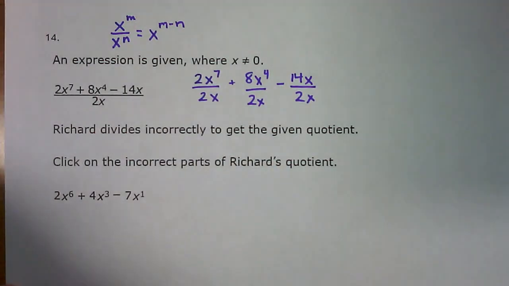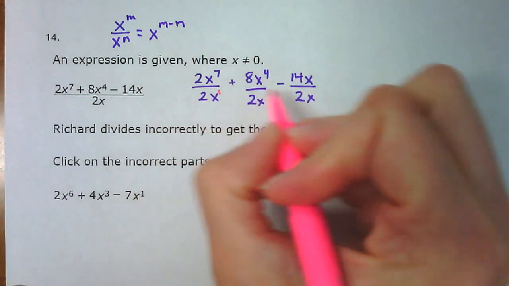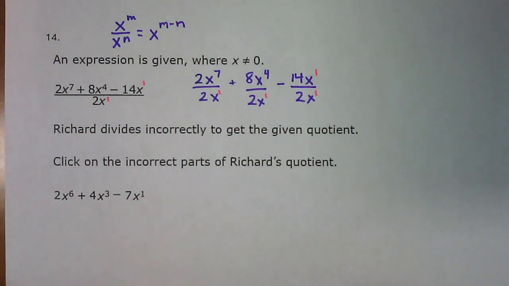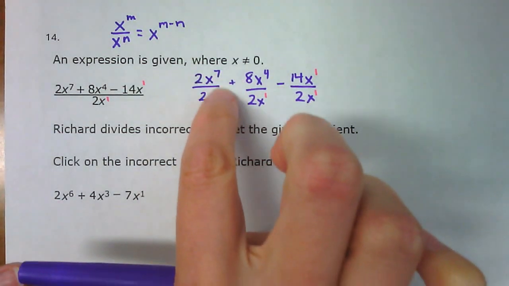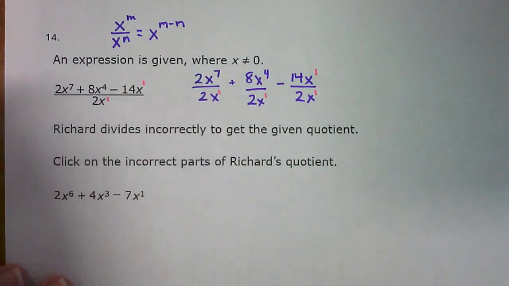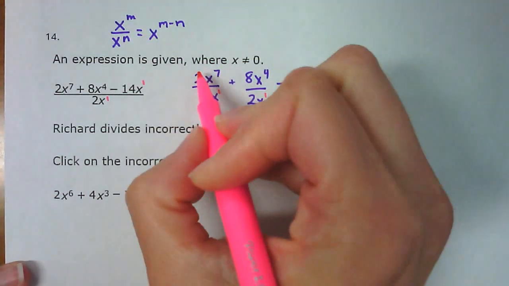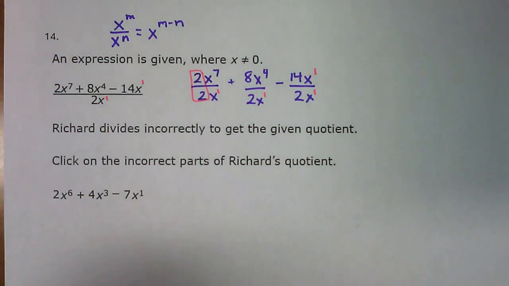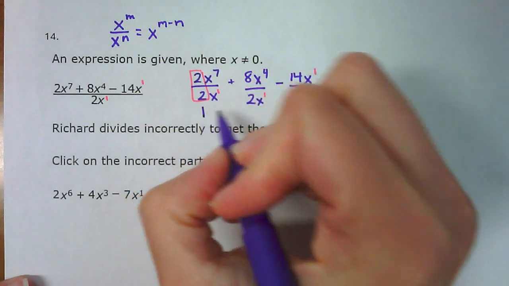Okay. What we need to think about is that anytime an exponent's not written, there's really a 1 there. So when we are using our exponent rules, we would have 7 minus 1 for this part. The numbers that are out in front, the coefficients, we just treat this like a normal fraction. 2 over 2 is the same thing as saying 1.